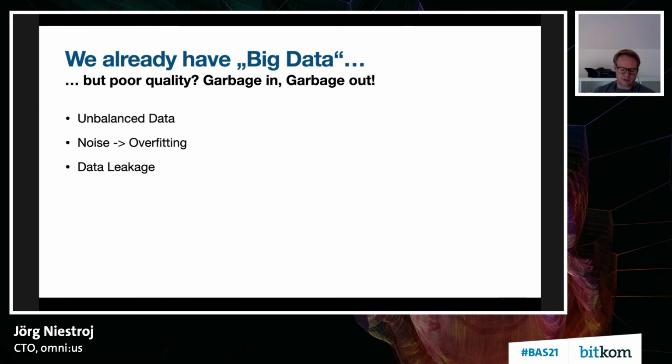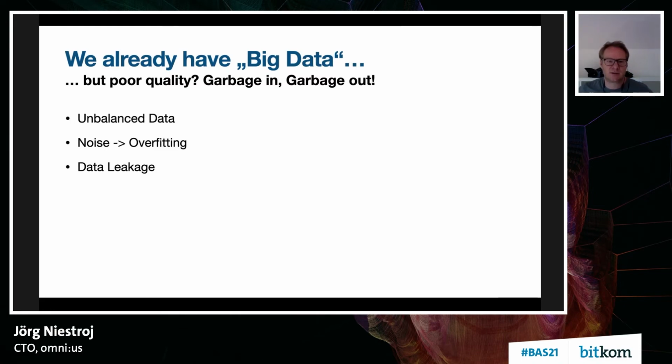And also noise is really a problem, because if you have too much noise, too much information that is not important for the model, then you could have overfitting, so that the model is working very well with the training data, but not in real life. So you have to think about permutations in the epochs of your training, or use other methods to delete the noise.